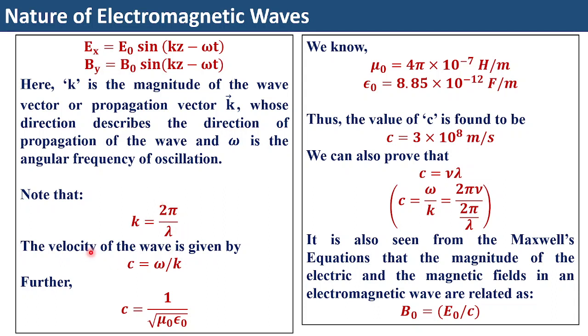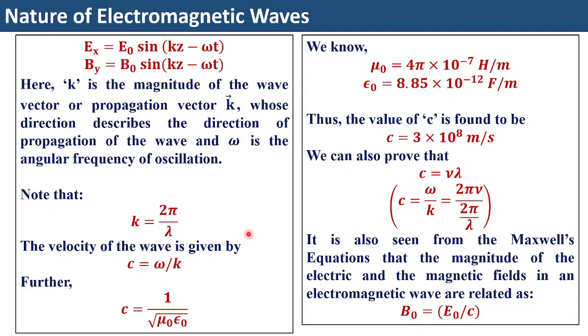Now the velocity of the wave is given by c equal to omega upon k. That means the ratio of the angular frequency to the wave vector. Now it so happens that this c, which is the velocity of light or the velocity of the electromagnetic wave, can also be written as 1 upon square root of mu naught epsilon naught. This is the result of a derivation, but that derivation is beyond the scope of your syllabus.